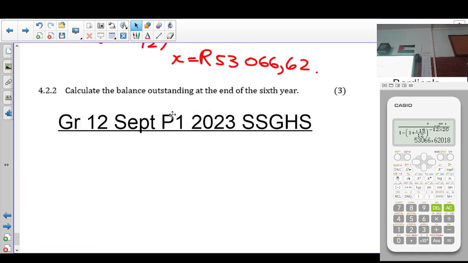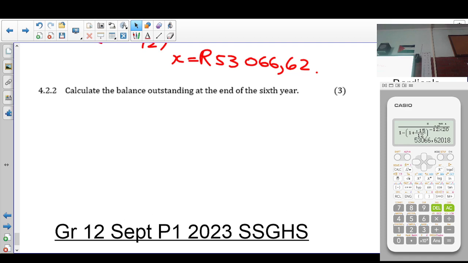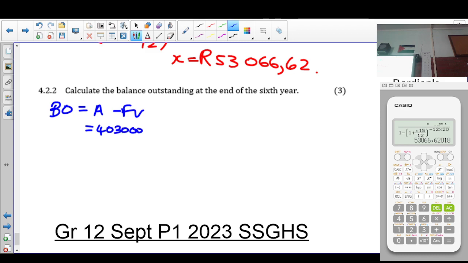Calculate the balance outstanding at the end of 6 years. To calculate the balance outstanding, it's going to be A minus FV. The A formula uses your principal, which is 4,030,000 Rand into 1 plus 15% interest compounded monthly, 12 times 6 years, minus the future value.